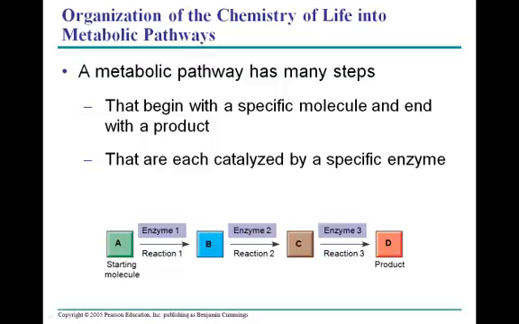Ultimately, the pathway begins with a specific molecule, and here the starting molecule, in green, is A. At each point, a different enzyme then acts on the molecule, catalyzing it to ultimately wind up with a resultant product, listed here as D. And you can also appreciate that at different points in the pathway, different enzymes will act on the different products, or metabolites, I should say, as we move through the pathway.